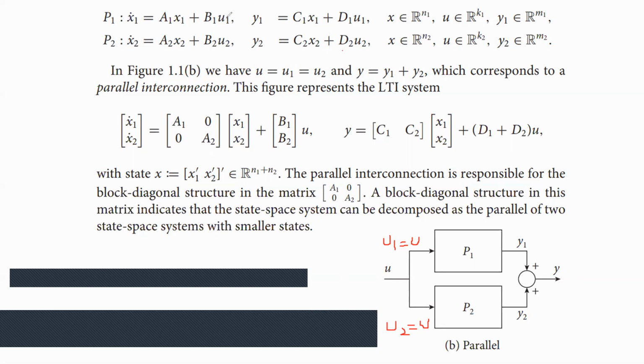The subscript is dropped, and similarly this subscript is dropped, and we are considering only U. Then we can write the equation in this form, which is for the parallel interconnection.